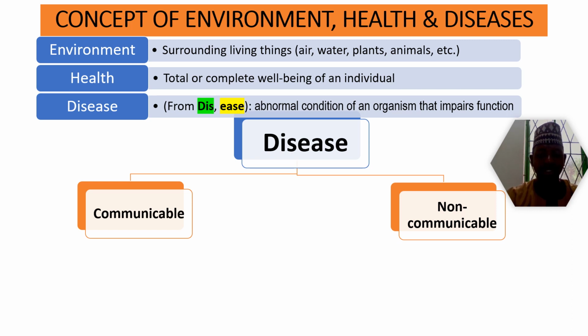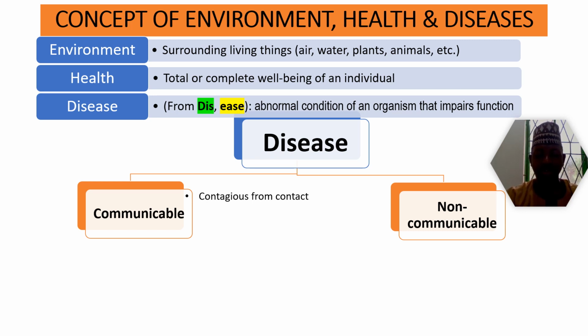We have the non-communicable diseases. Non-communicable diseases, on the other hand, are a group of diseases that cannot be transmitted from one person to another. That is, they are not transmittable. That is why they are called non-communicable.